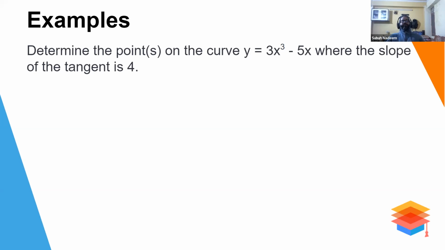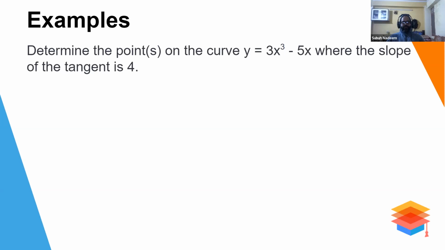What do you get? Oh, I should substitute x as 4. No, x is not 4. Slope of tangent is 4. So what you have got here is 9x squared minus 5 is equal to 4.